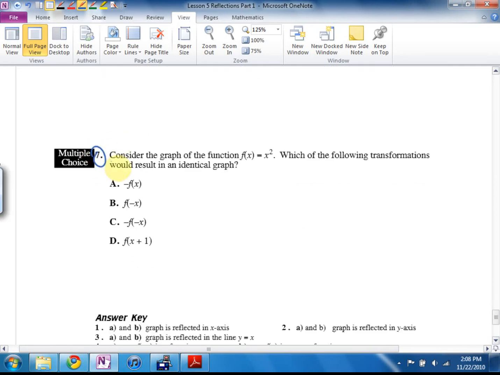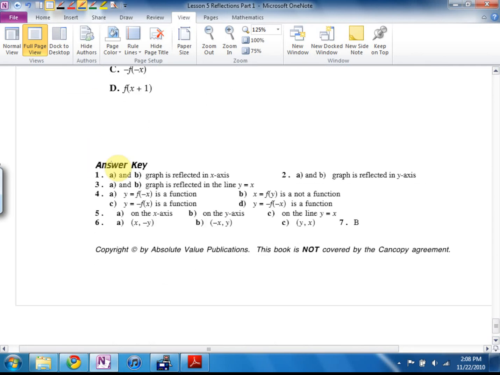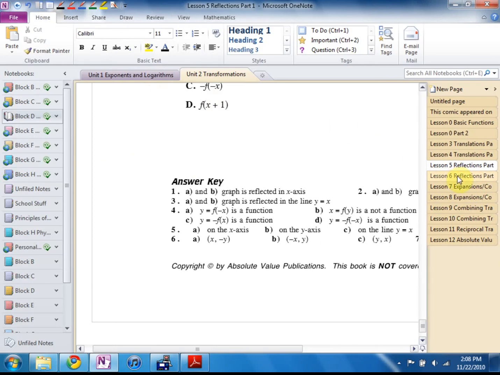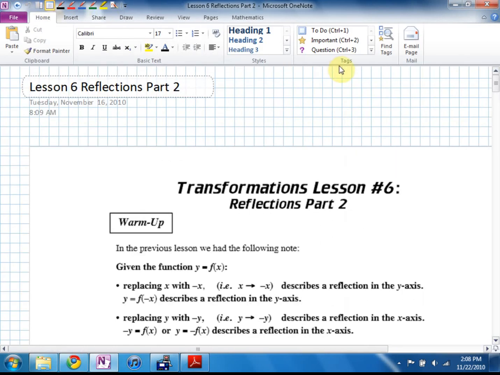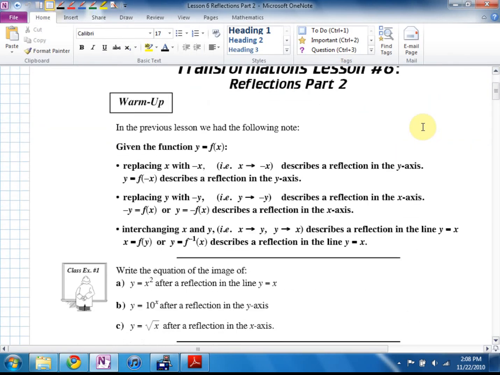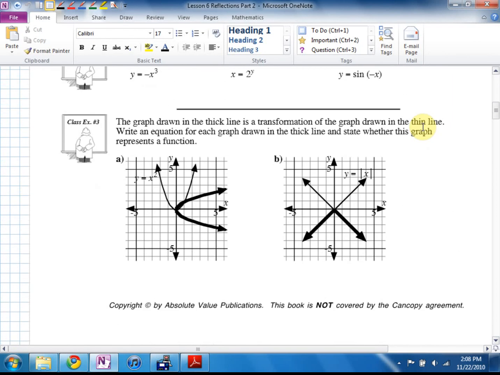Oh, another lovely summary there on lesson 6, which is page 33. So, hey, we've just done this. It says, write the equation of this after a reflection in the line y equals x.